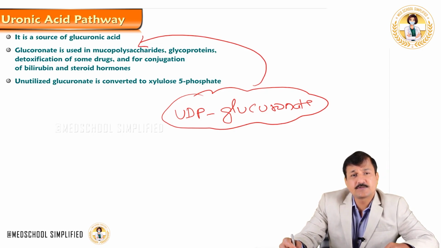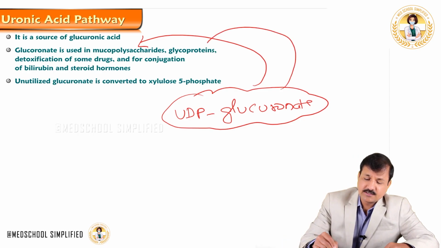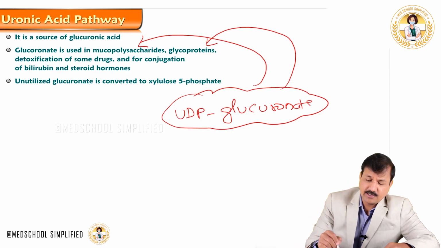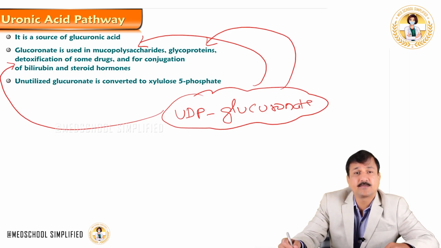You know, different types of glycosaminoglycans contain UDP-glucuronate, and it is also necessary for synthesis of glycoproteins. And UDP-glucuronate is also used in detoxification of certain drugs and chemicals.